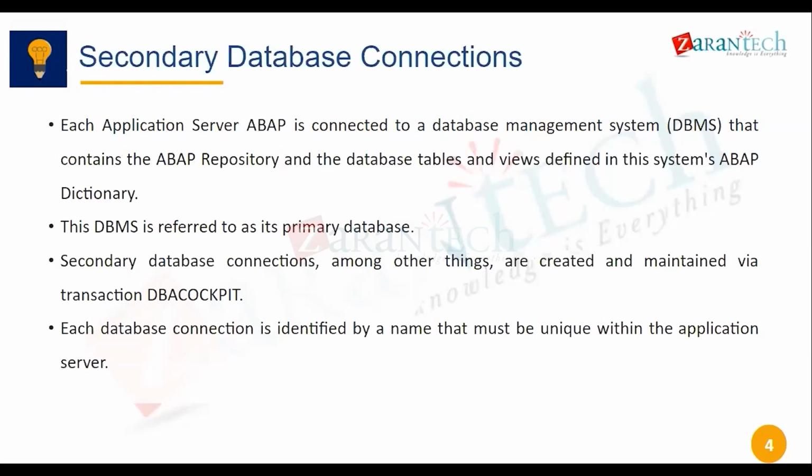Let's say 8 tables are used inside that report. All those 8 tables are available in the primary database, and the relevant data inside the tables is also stored in the primary database.